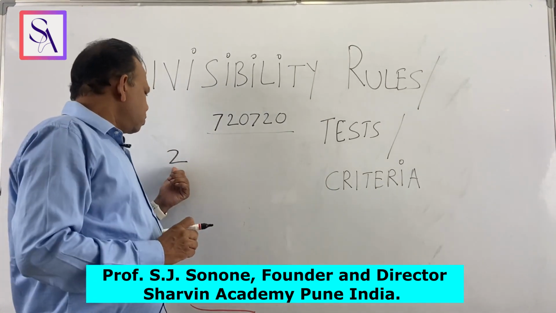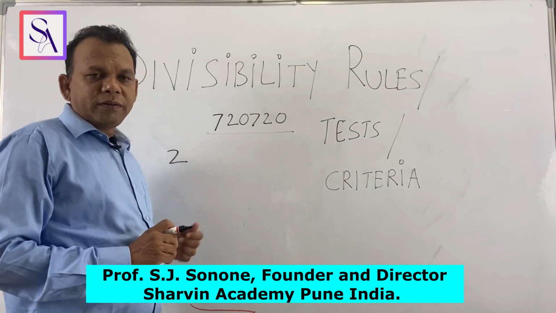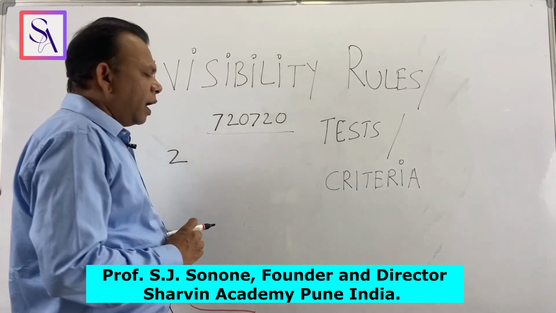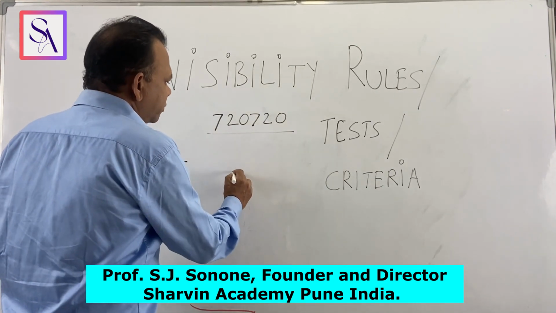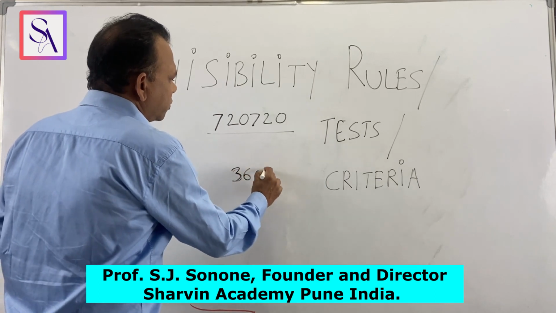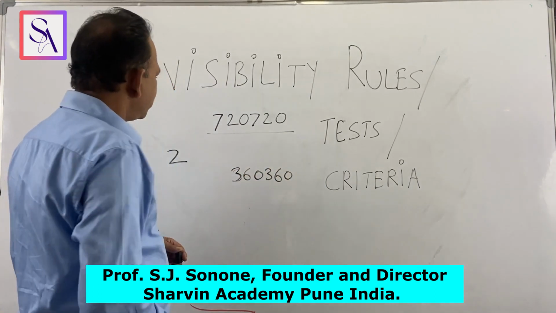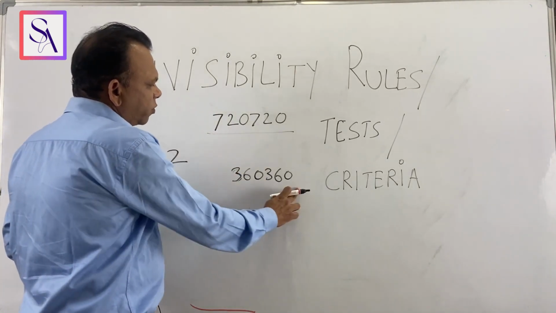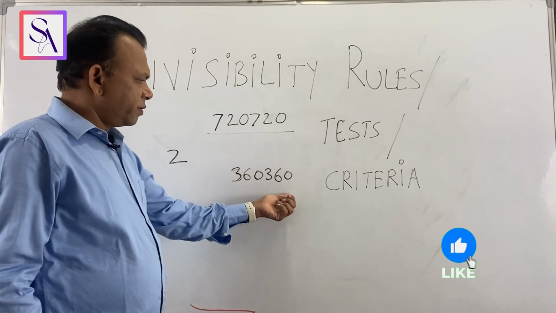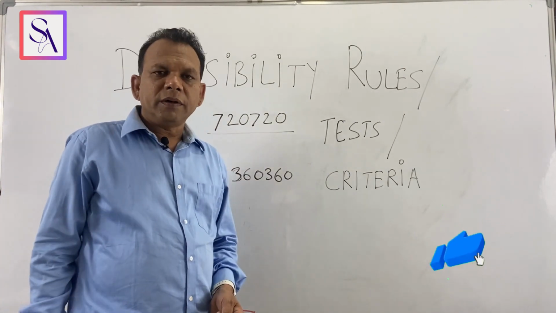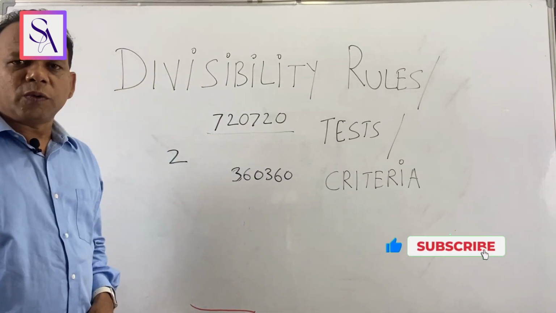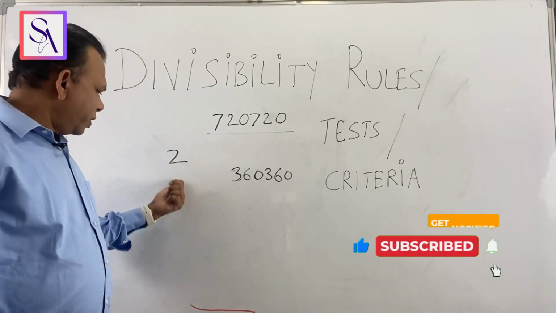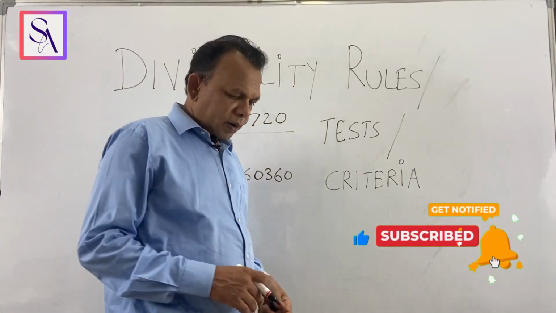So this 2 will divide this number and quotient will come 360, right? So if I divide this number by 2, this quotient will come, and this quotient is a whole number and remainder will be 0. So like that you need to find 10 more numbers.